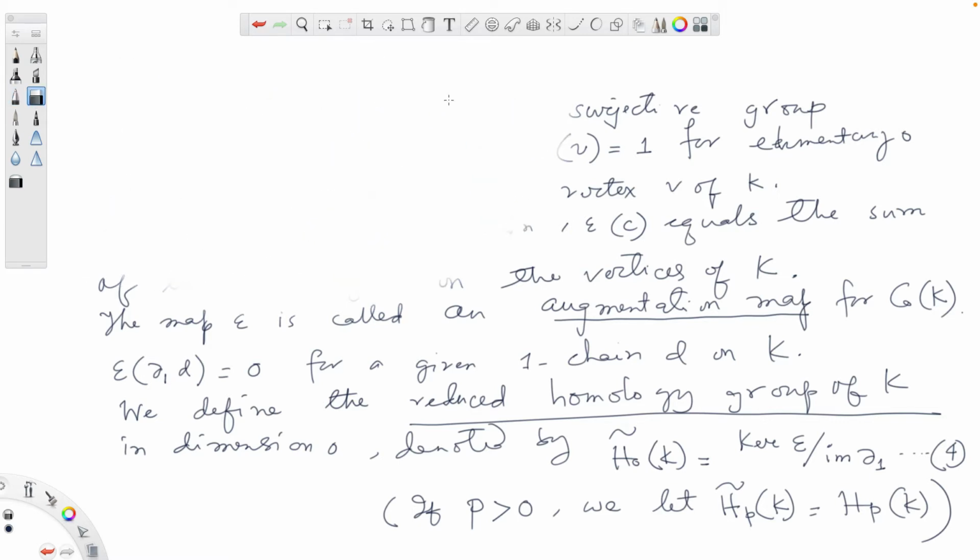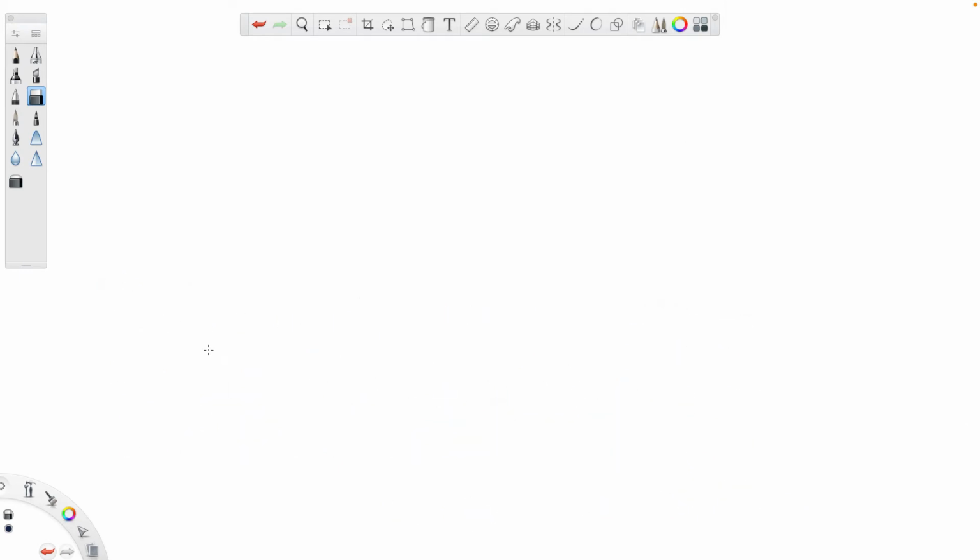So let me state the second theorem of this lecture, and then I'll prove it. Theorem 2 sheds light on the relationship between the reduced homology and the ordinary homology of a given simplicial complex in the 0th dimension. And in other dimensions, by the definition, they are the same.